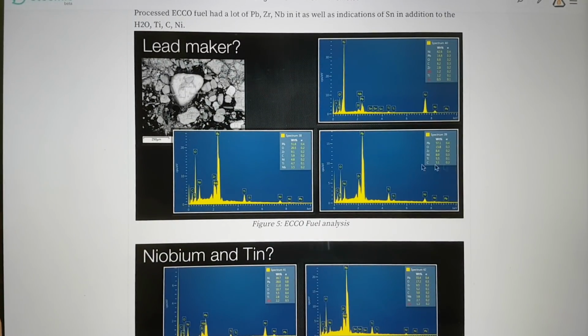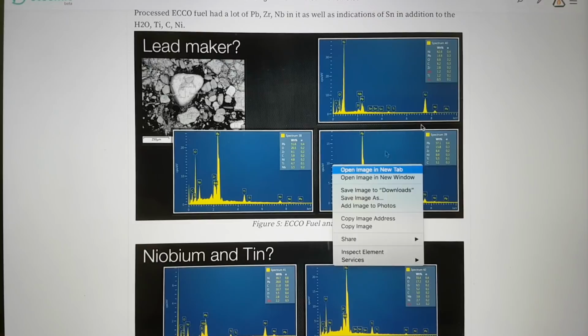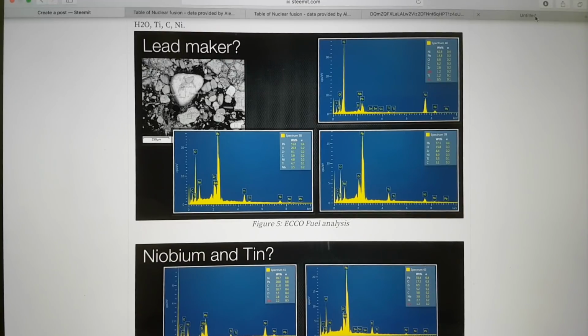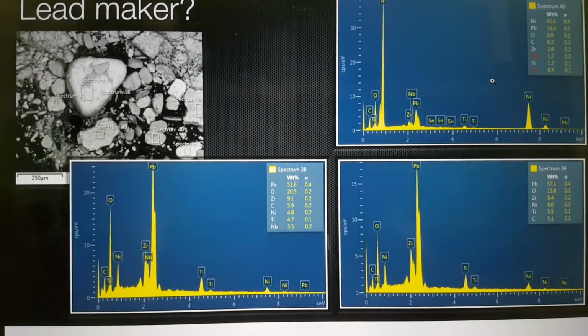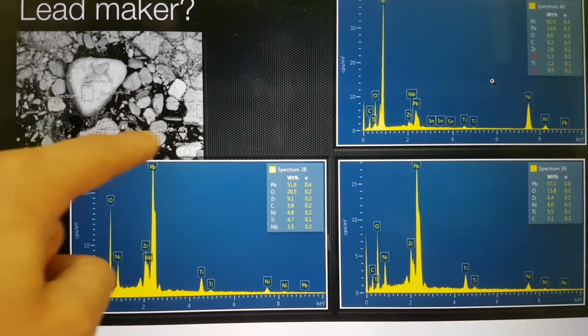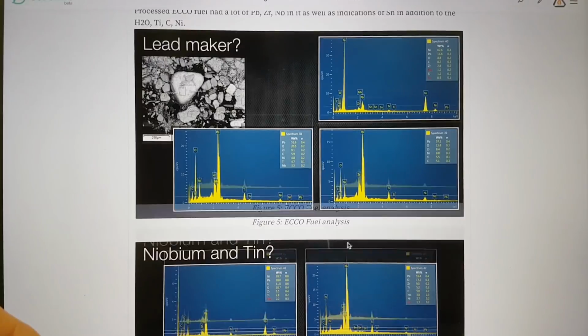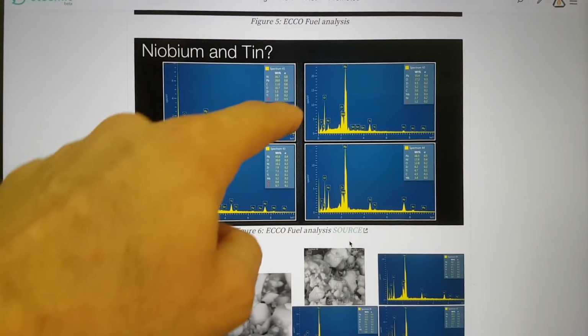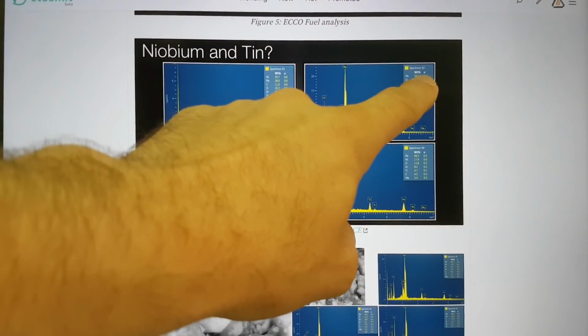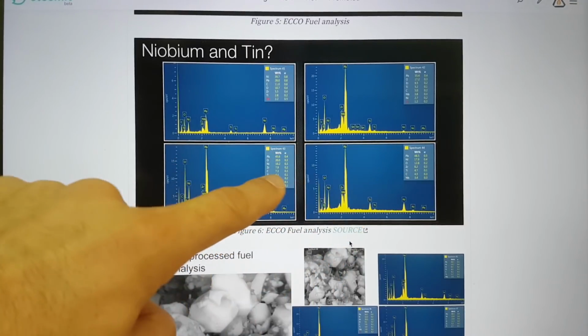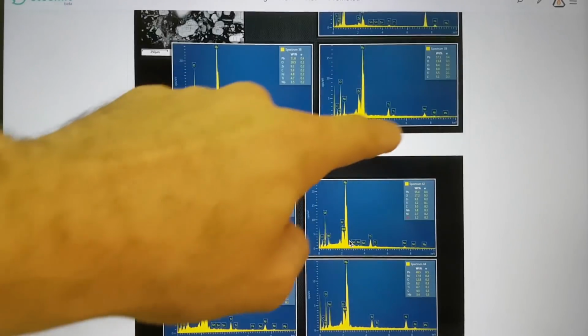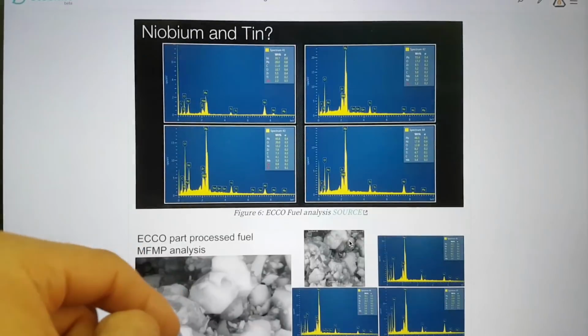And we're not just talking point samples. If we go into this and look at this in a new tab, we'll see that they are mostly large area samples that were done. And we did a lot of samples, and basically lead is appearing. We've got 55% here and 48% and so forth, 45. This is 57%.